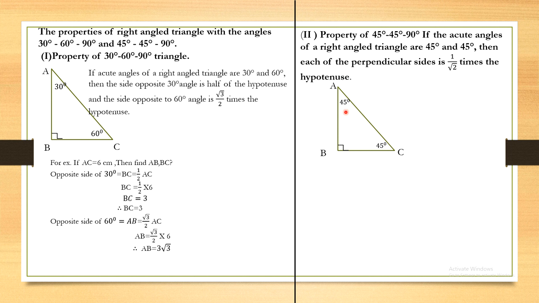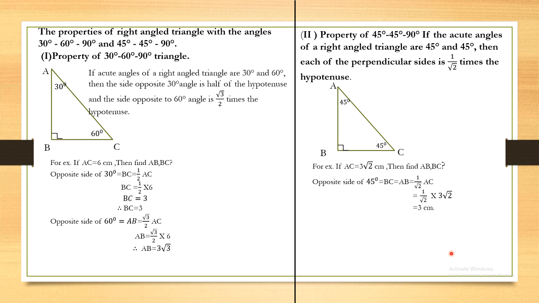With this property we can say that the side opposite 45 degrees, that is AB equal to BC, is 1 upon root 2 times AC, the hypotenuse. Take one example. Suppose that AC equals 3 root 2 centimeters. We have to find AB and BC. With this property we can write BC equals AB equals 1 upon root 2 times the hypotenuse AC. Suppose that AC is given as 3 root 2.